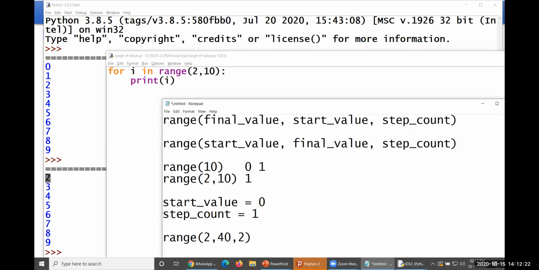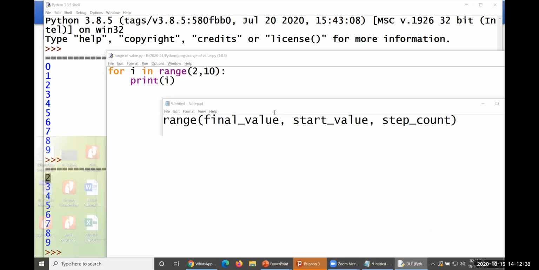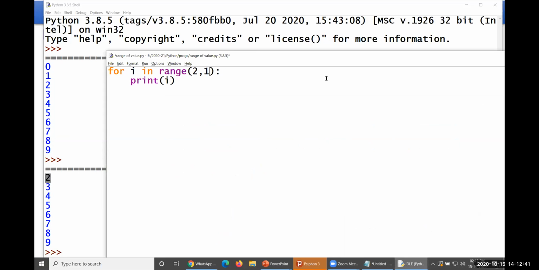Step count 1 will be taken by the default argument. And here we have given the start value on our own, the final value on our own, and the step count also on our own. So all those parameters have been utilized by you. Therefore, they are overwritten with whatever values you have given here.